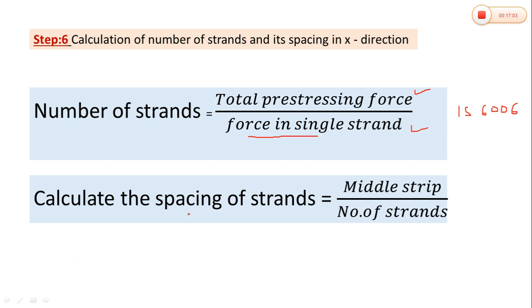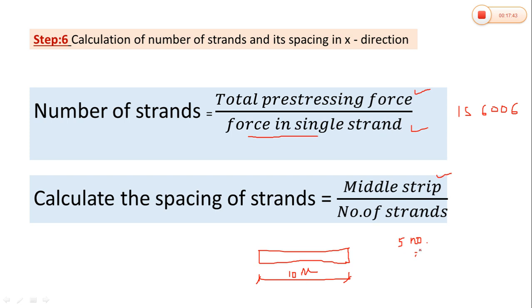The spacing of the strands we find as the total middle strip width divided by the number of strands. Suppose the middle strip width is 10 meter and we have 5 strands.